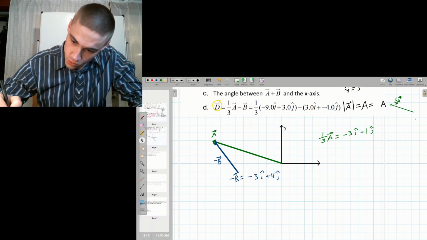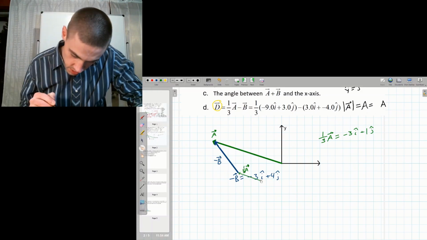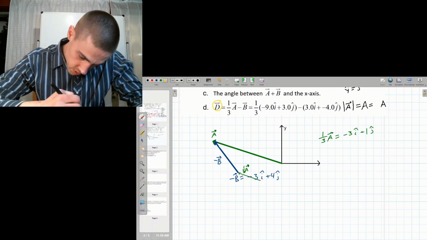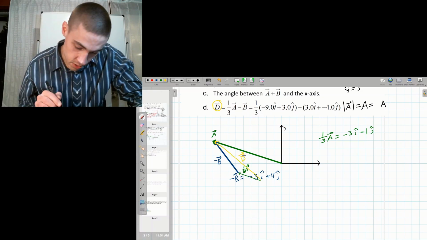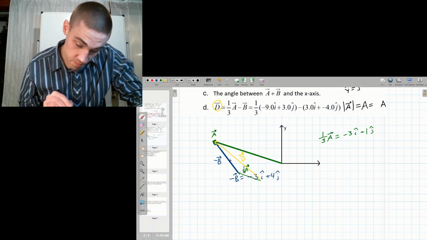And I already drew one of those over here. Take this and I can move it, and I add it onto negative b. This will give me a resultant vector that points up from the tip of the original one to the tail of the final one. Here I have basically 1/3 a plus negative b.